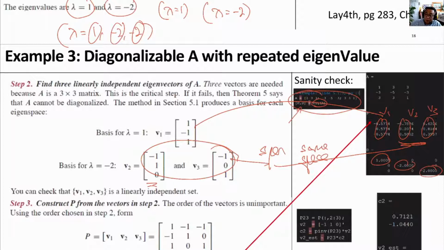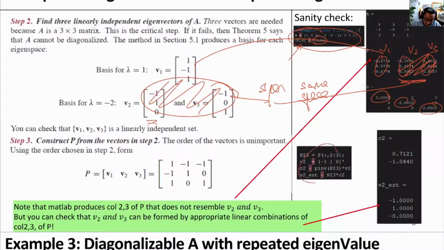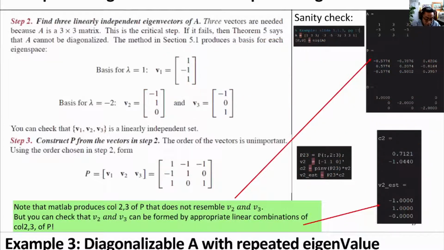What you will see is that linear combinations of these two are the same as linear combinations of these two. That's the idea. And for a check, you can see how I tried to do this verification using MATLAB. What I basically did was find P2 and P3 and extract them to form this matrix.